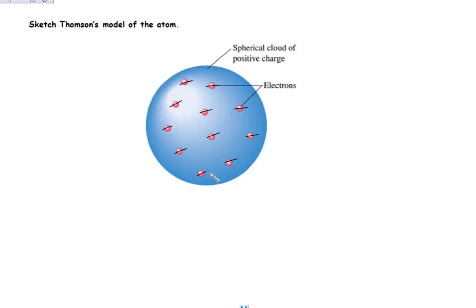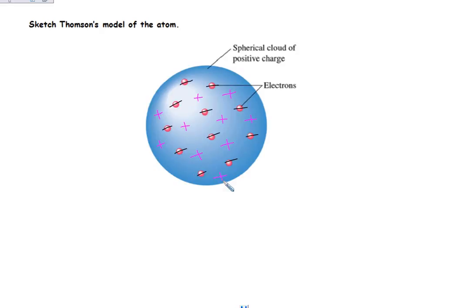So this background material, he's like, I don't really know what it is, but maybe it's positive. So there's some kind of positively charged material. This background component, whatever it is, it's positive, so that overall the atom is electronically neutral.